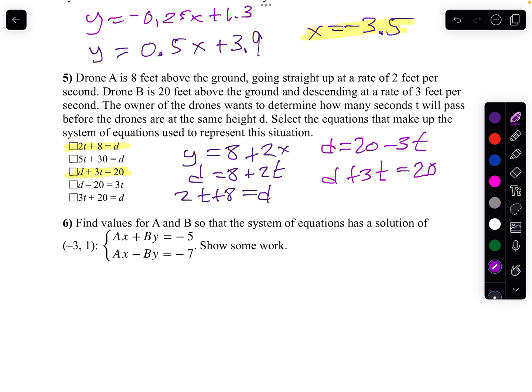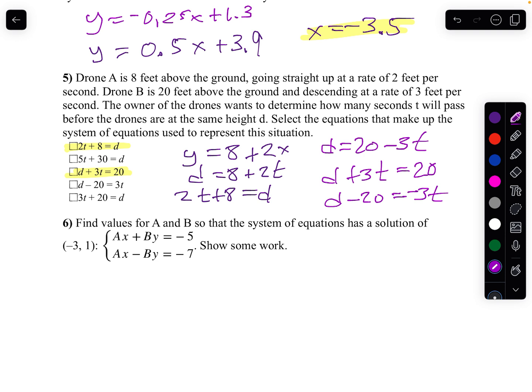So it would be d minus 20 equals negative 3t. That's not the same. And how about 3t plus 20? Well, no, because if I add 3t, it'll have negative 3t plus 20, don't I? So the slope has to be negative. So that's not going to work for that fifth choice, only 2 of them.